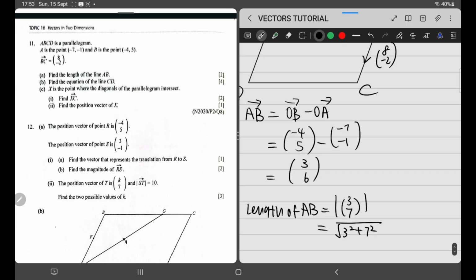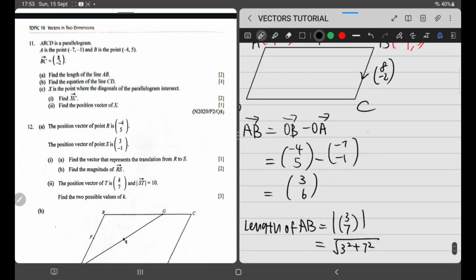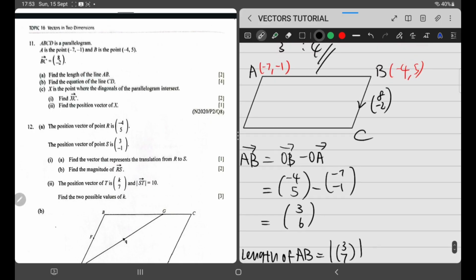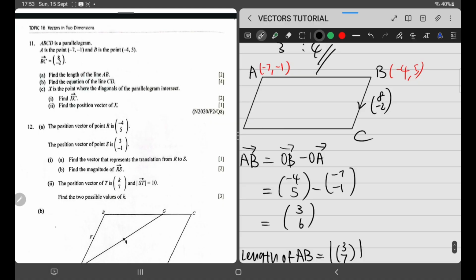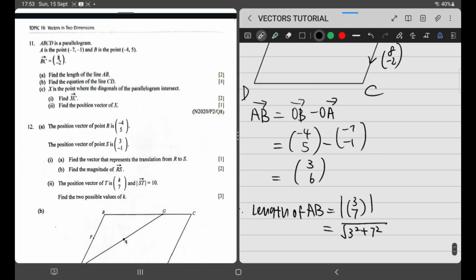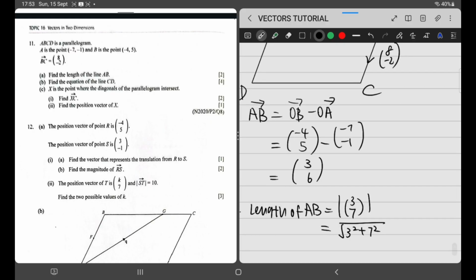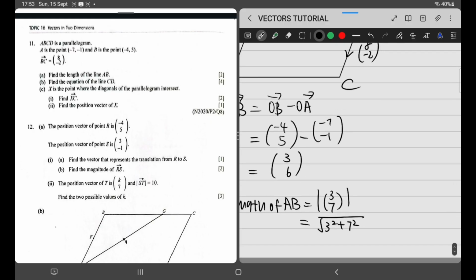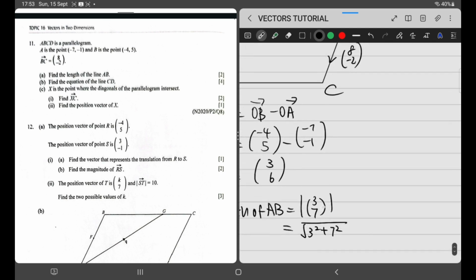Yes, give me a second. OB minus OA. Yeah, okay, all good. So therefore the answer is just 6.